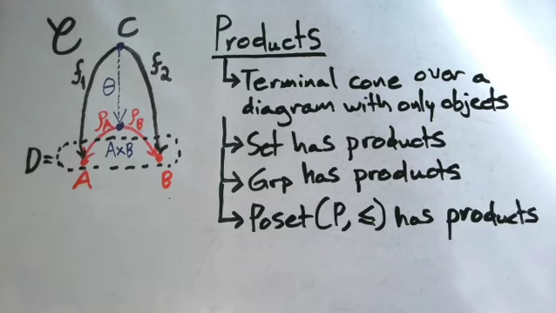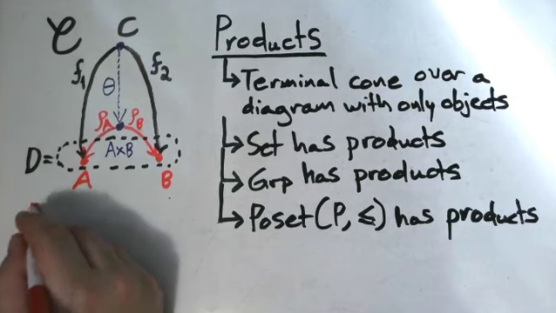And we actually found out that that definition coincided with what a limit was over a diagram with two objects in it. And we said that because it lined up with the definition of a limit, we could define products this way: a product is a terminal cone over a diagram with only objects in it. And of course, we also generalized that to larger diagrams.